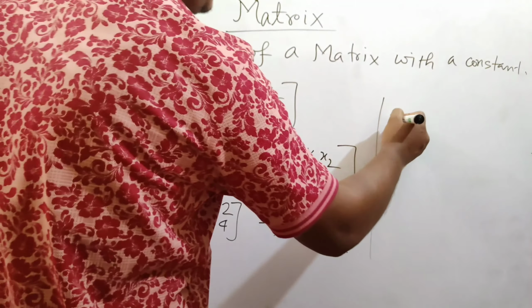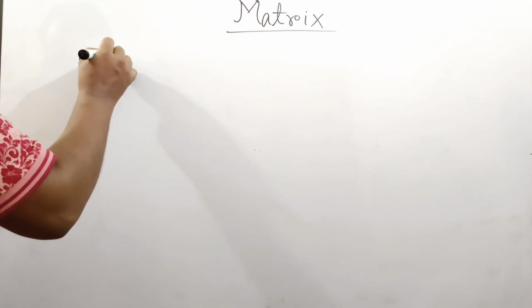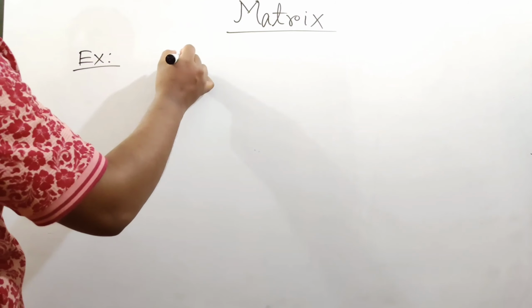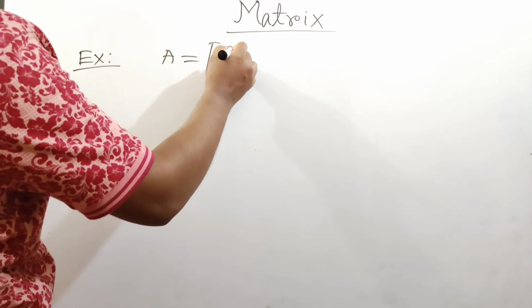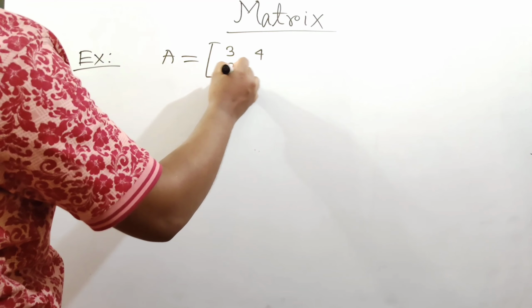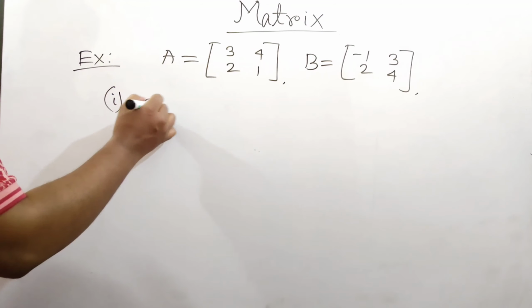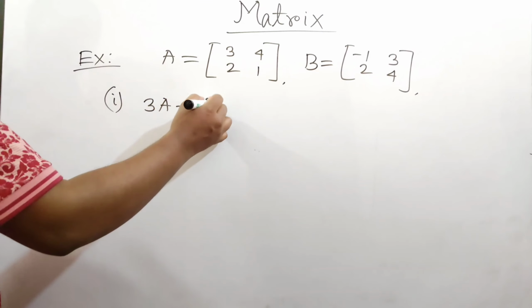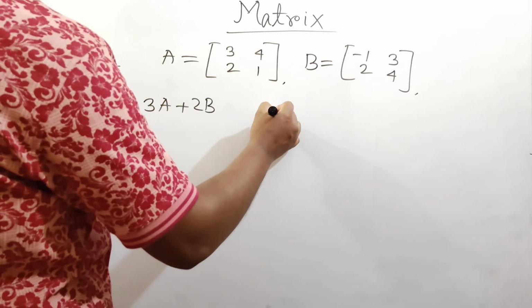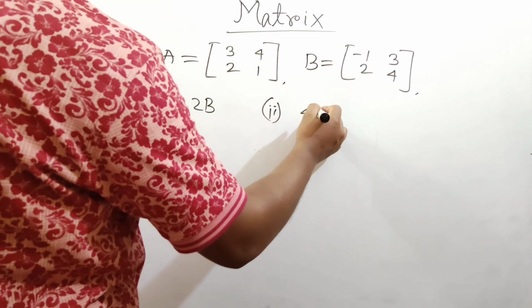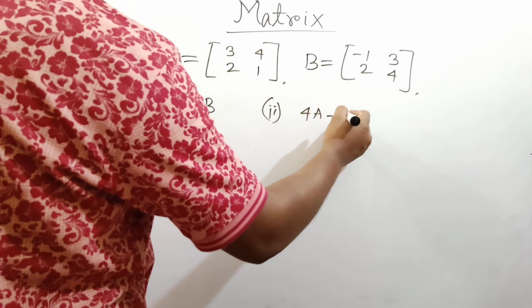So if the question is like that, one matrix A is given, suppose 3 4 2 1, another matrix B is given, -1 2 3 4. Number 1 question is, what is the value of 3A plus 2B, and number 2, what is the value of 4A minus 3B.